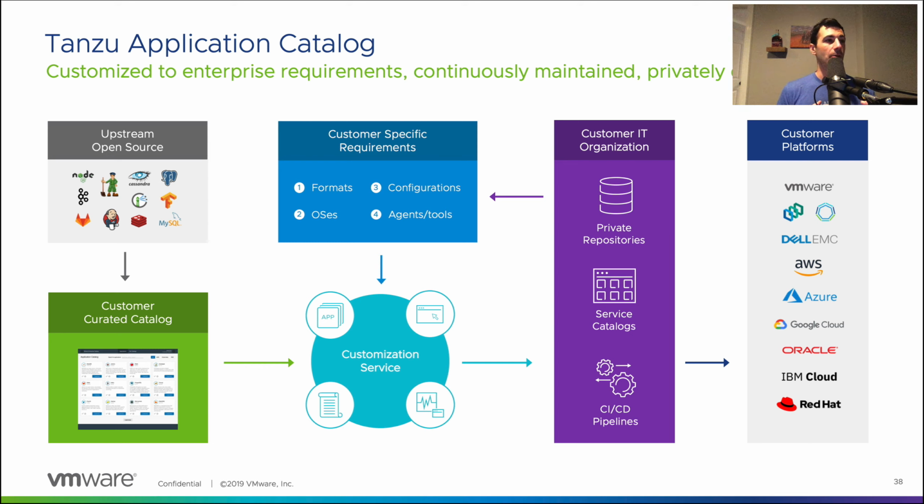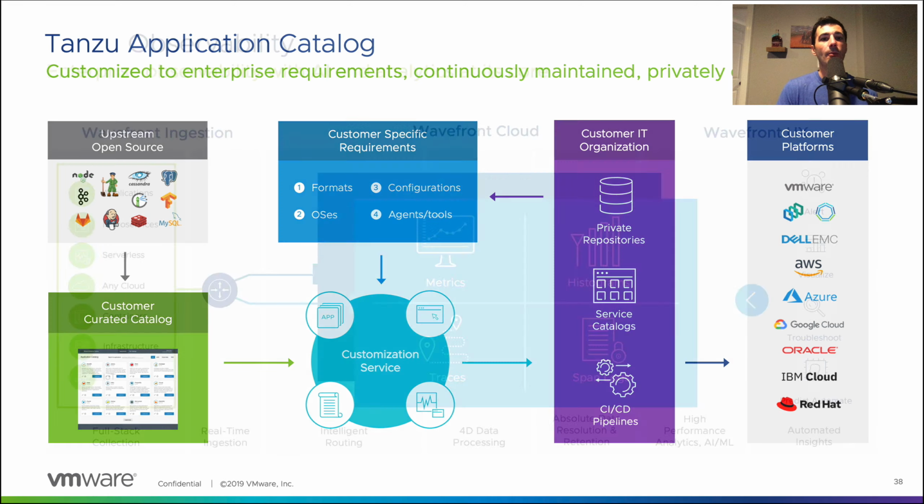You can deploy it into your own service catalog, your own repository, and to any type of infrastructure, whether it's on vSphere, on AWS, or any type of supported cloud. Tanzu Application Catalog can do that. When I say the catalog, we're talking hundreds of applications that make it easy to start consuming right away.